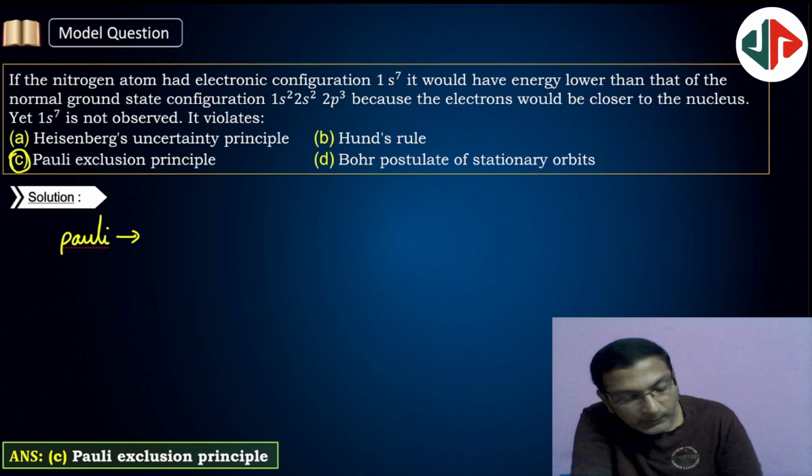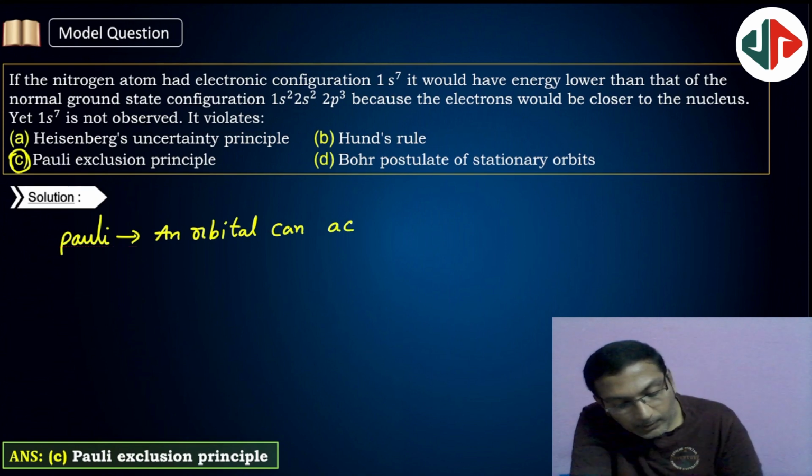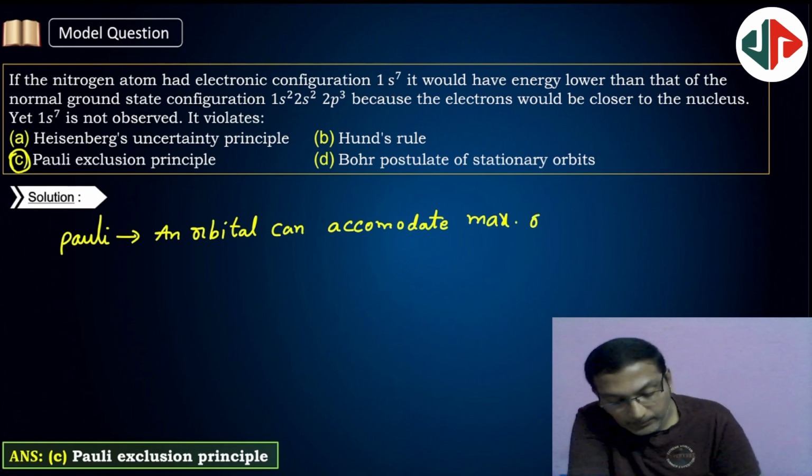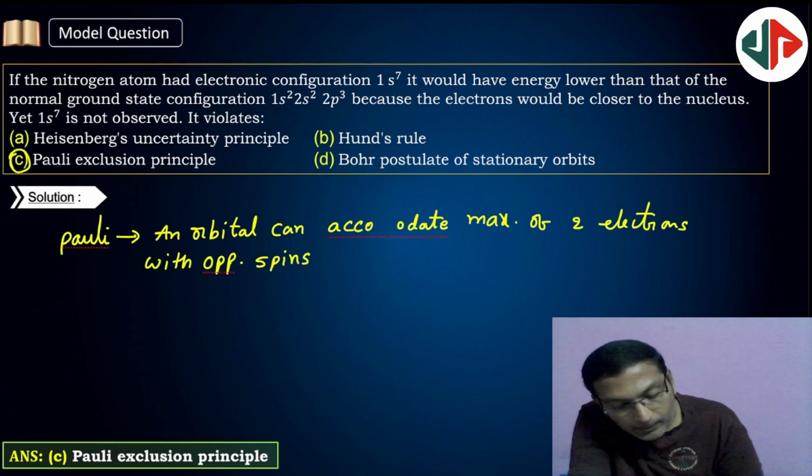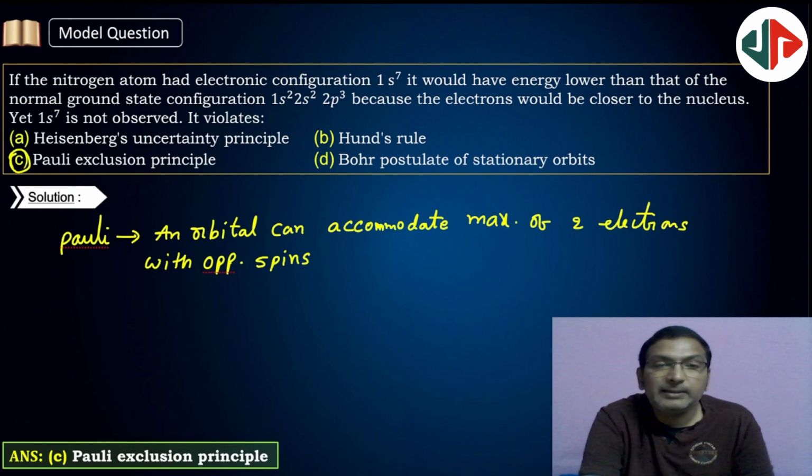According to Pauli, an orbital can accommodate a maximum of 2 electrons with opposite spins.